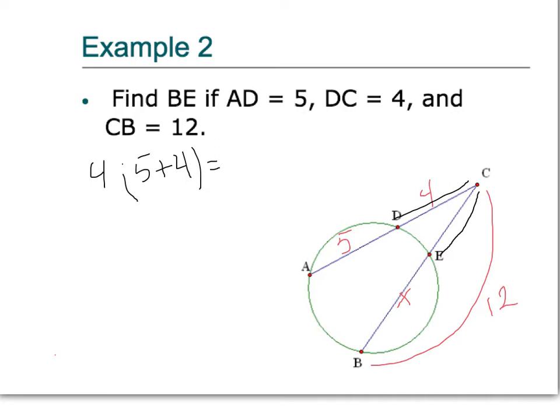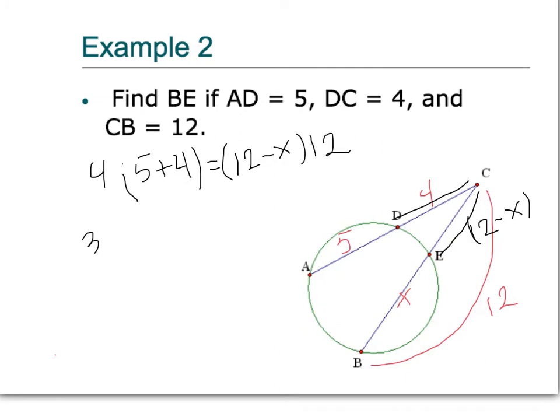I know the whole thing is 12 and BE is x, so how about I label CE 12 minus x, okay? So now I've got the outside, which is 12 minus x, and I'm going to multiply that times the whole thing, which is CE plus EB, and that measure is 12. Okay, let's simplify that.